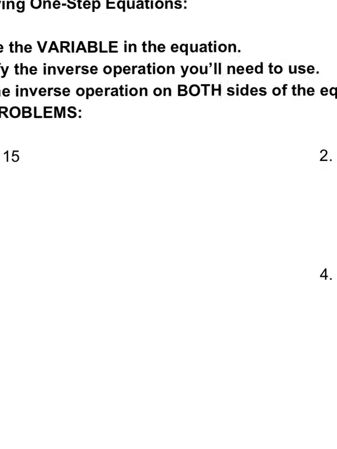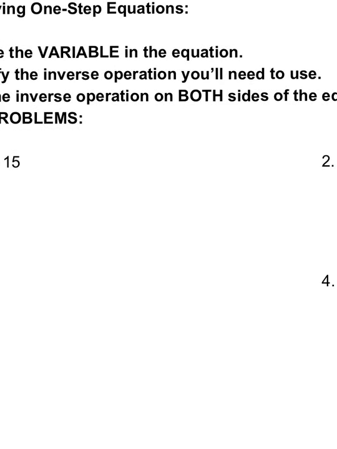So I'm just going to go through these 4 examples. These are some one-step equations. So I'm going to locate my variable, which is x. And then I need to decide what inverse operation is happening. Well, right now I can see that I'm subtracting 7 from x. To get rid of that minus 7, I need to add 7 to both sides.